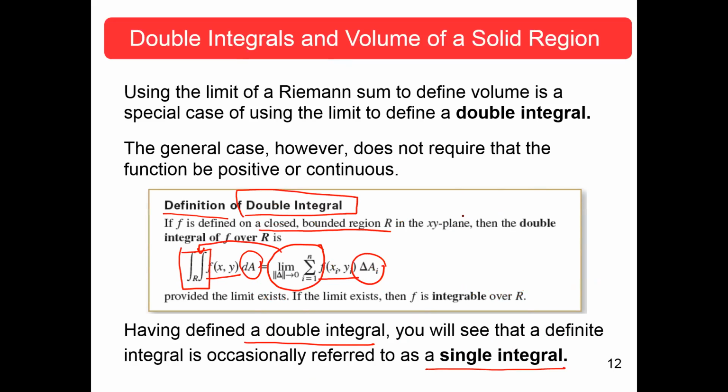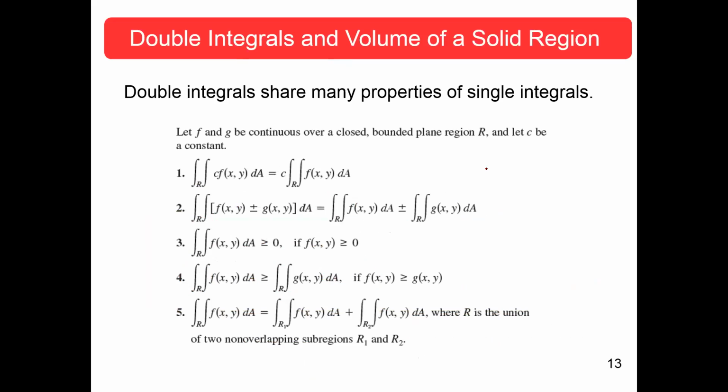Is everything good so far? Any questions? Okay. All right, so next thing is just some properties of double integrals, and they are pretty similar to the properties of single integrals. The first one, okay, so let f and g be continuous functions over a closed bounded region R, and c is a scalar. The first one says the double integral of a scalar times a function f of xy, c could be pulled out of the integral sign, right?